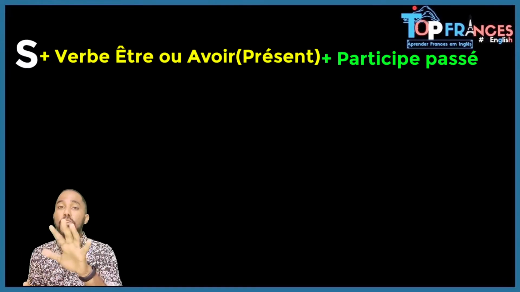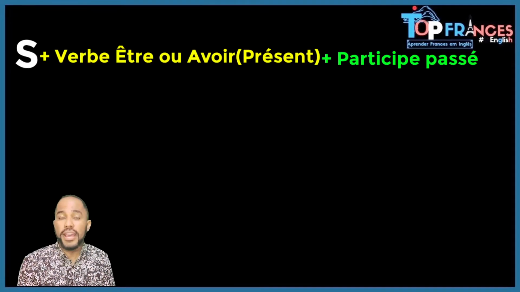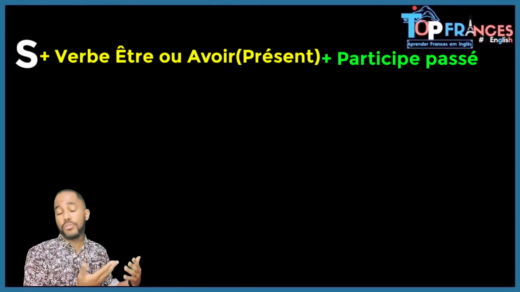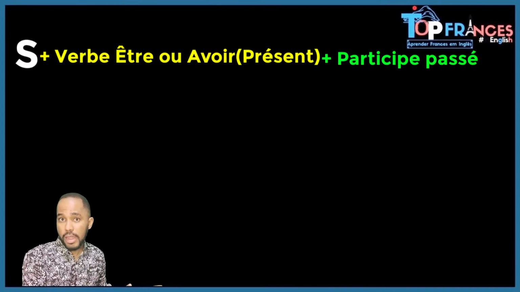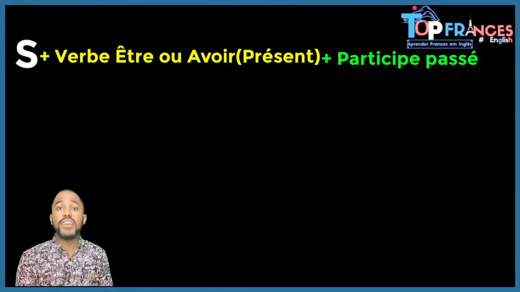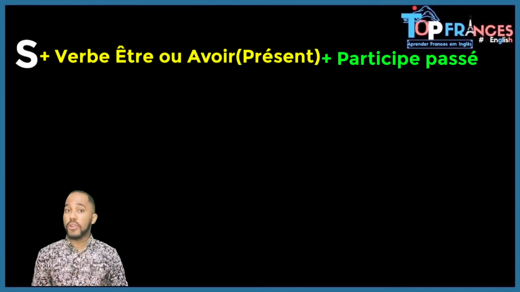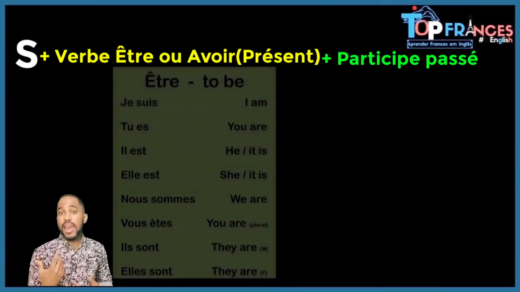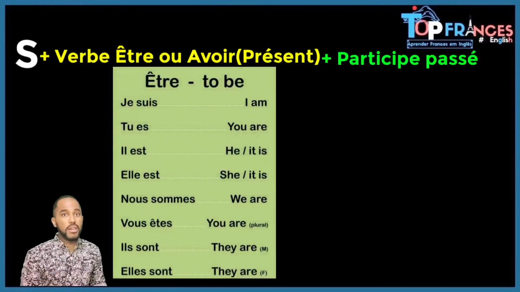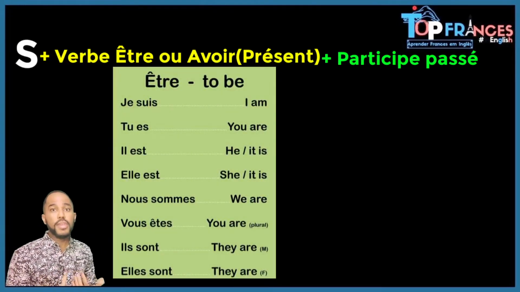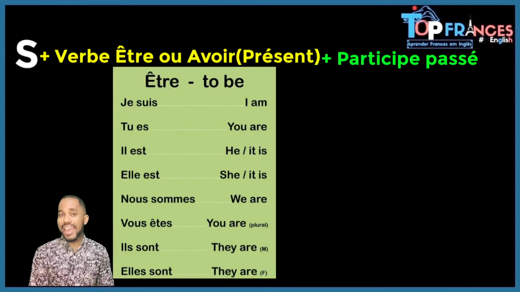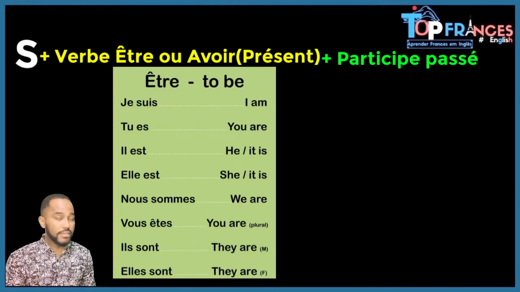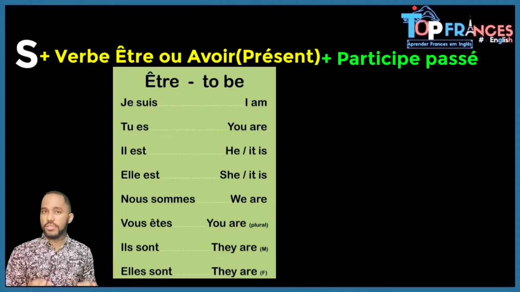Of course, before you acquire that, you have to know how to conjugate the verb être in present, and le verbe avoir in present as well. Let's start with the verb être, which is the verb to be: je suis, tu es, il est, elle est, nous sommes, vous êtes, ils sont, elles sont.